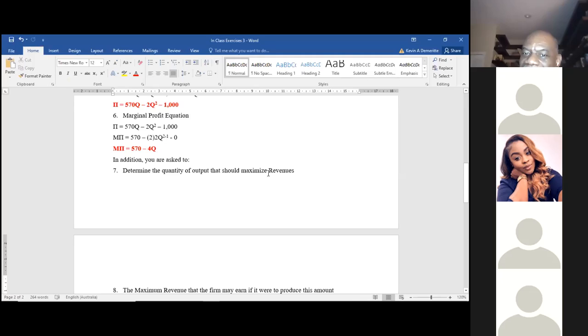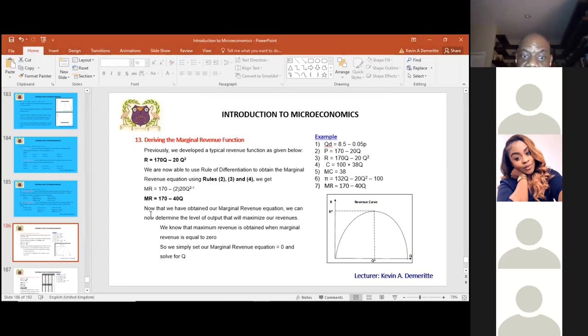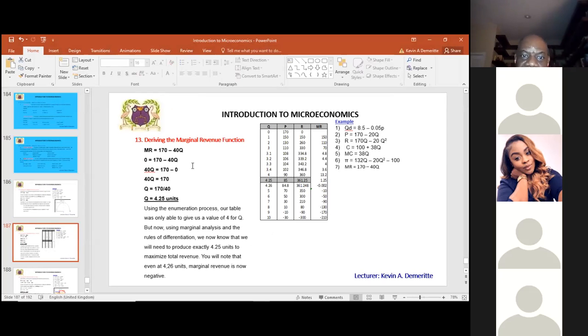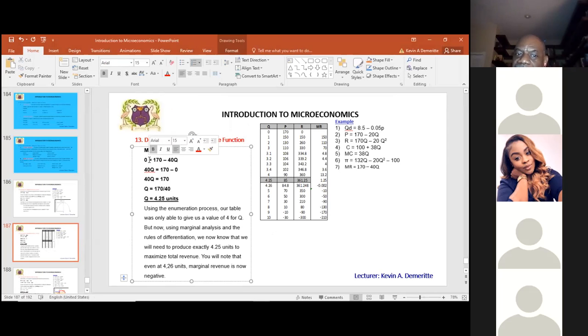Yes. We know that maximum revenues are obtained when marginal revenue is equal to 0. So we simply set our marginal revenue equation equal to 0 and solve.